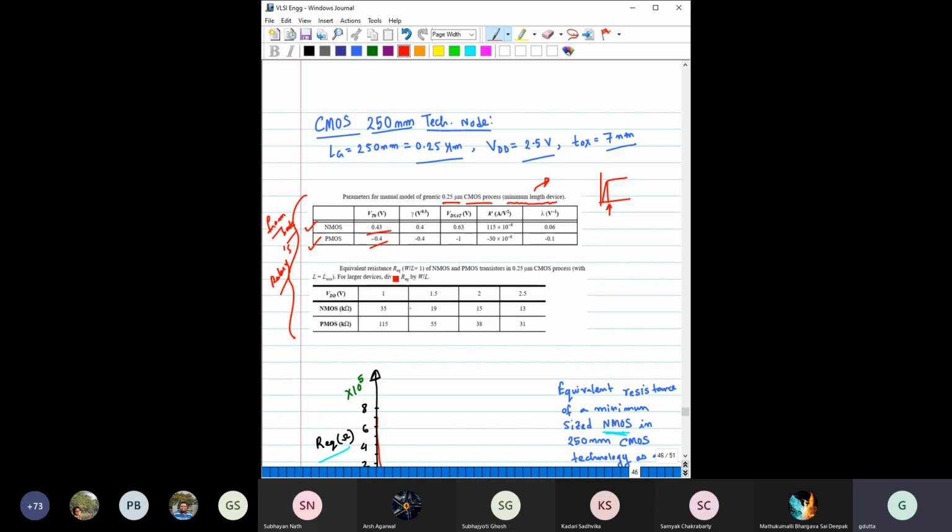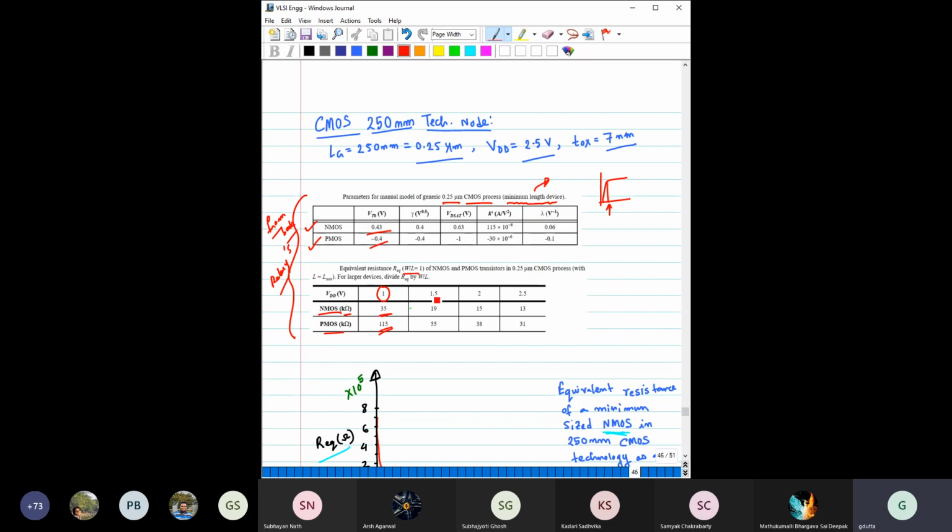Right? So if you see the equivalent resistance, when W by L equal to 1, then for NMOS, this is in kilo ohm resistance, this is 35 kilo ohm and 115 kilo ohm respectively for NMOS and PMOS, and this is when VD equal to 1.